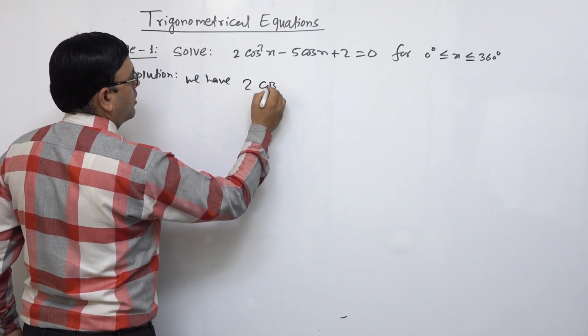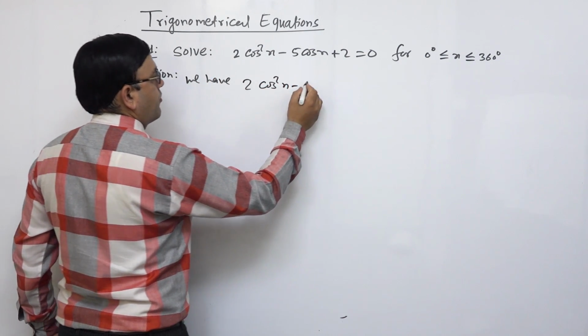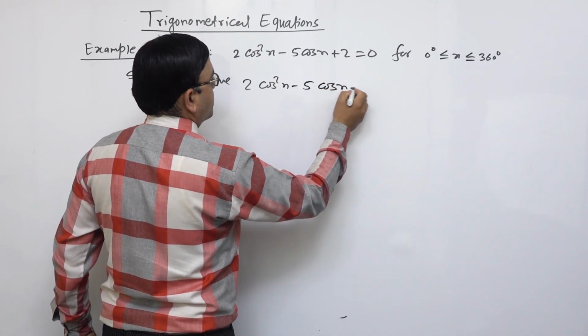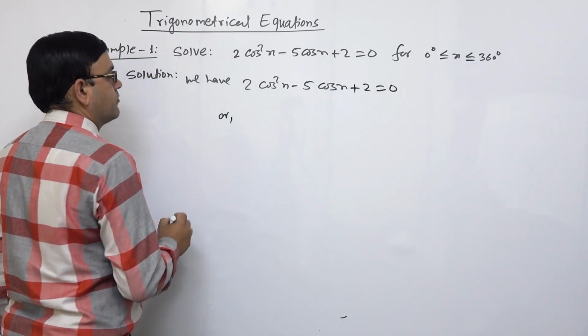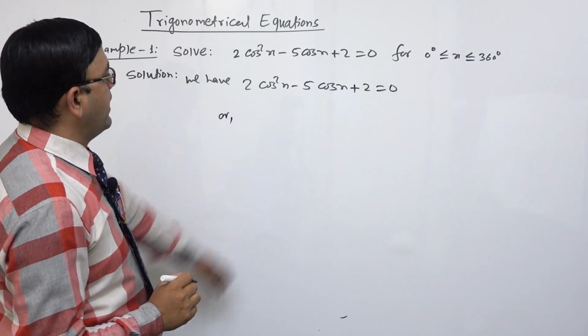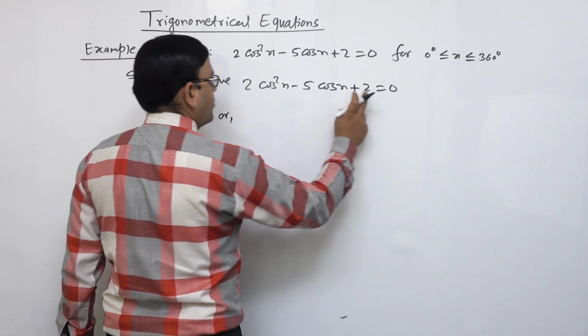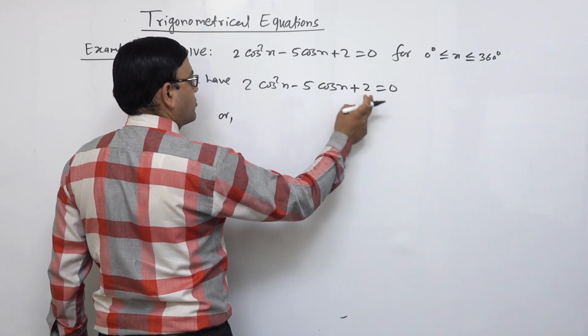2 cos square x minus 5 cos x plus 2 is equal to 0. Here is 2 cos square x and 2 times 2 is 4. Let's factorize.